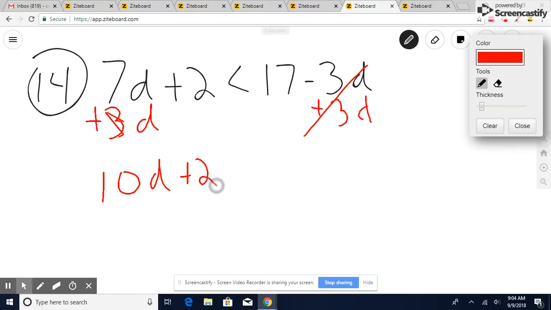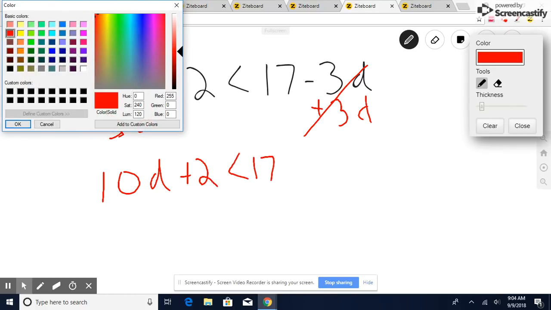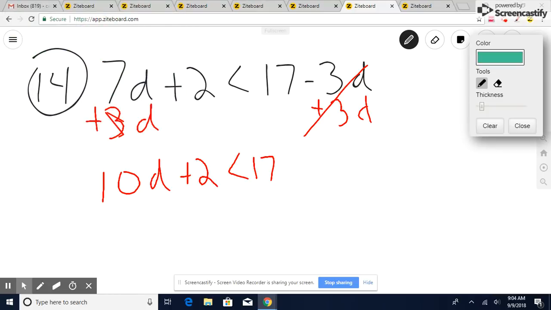plus 2 less than 17. Okay. So minus 2. Of course, that cancels out. So over here, I got 10D is less than 15.